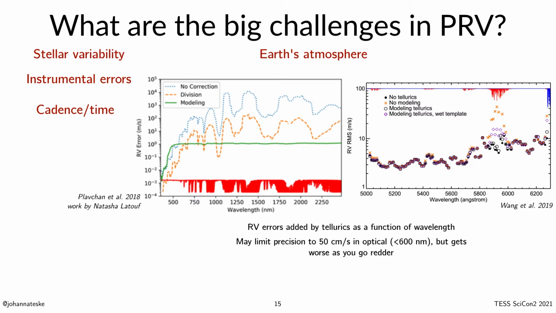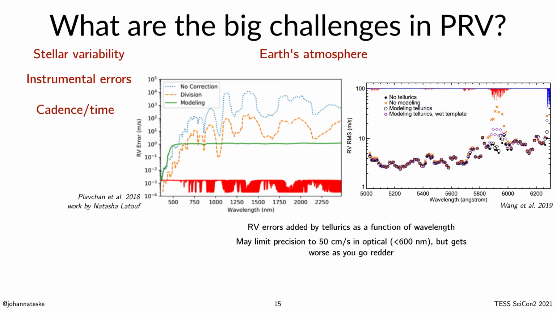Finally, what about the lines in my spectrum that aren't from the star of interest, but from the changing water absorption in Earth's atmosphere? RV errors added by these telluric features vary as a function of wavelength. In the optical, like the right plot from one of Sharon's papers, maybe you can model out the tellurics and get down to something like 50 centimeters a second.